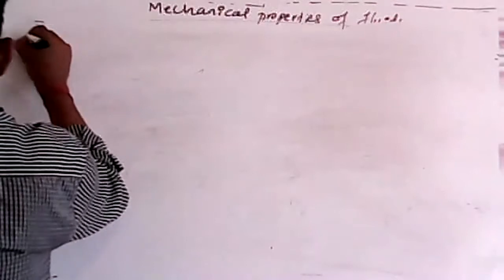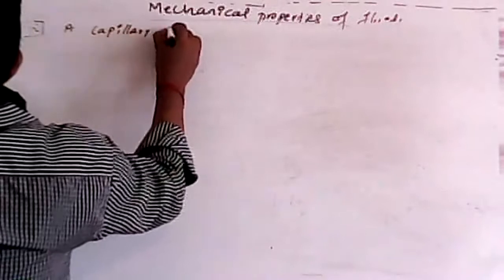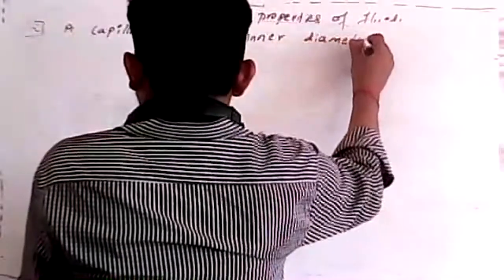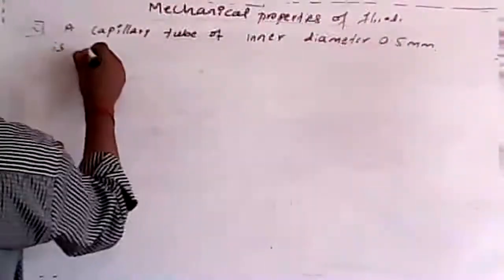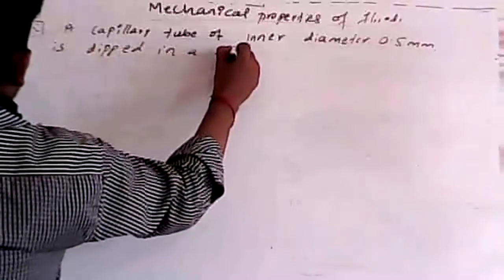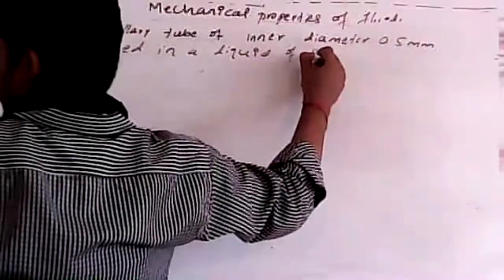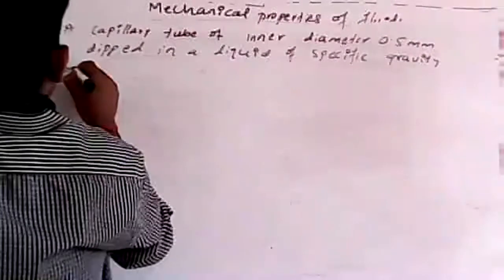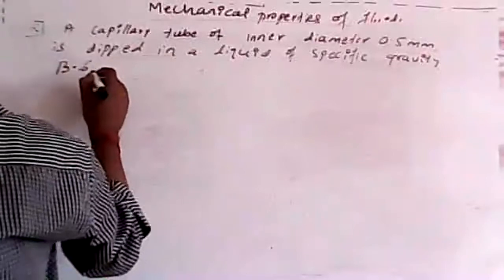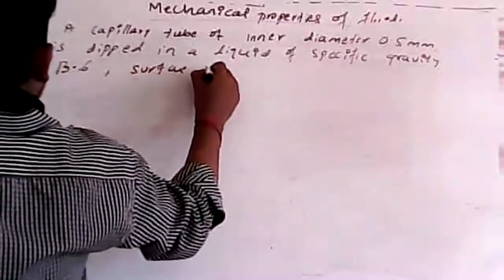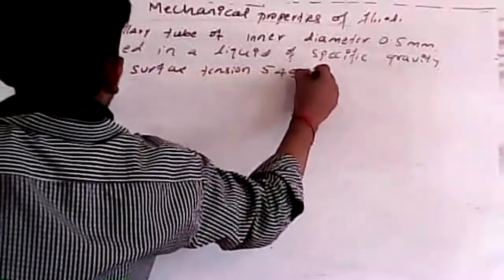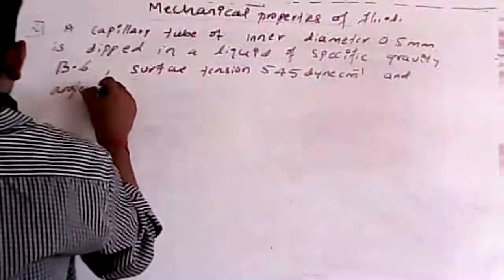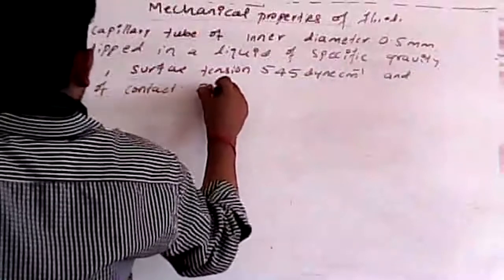So here, second problem: a capillary tube of inner diameter 0.5 millimeter is dipped in a liquid of specific gravity 13.6, okay, 13.6, surface tension 545 dyne per centimeter, and angle of contact 130 degree.